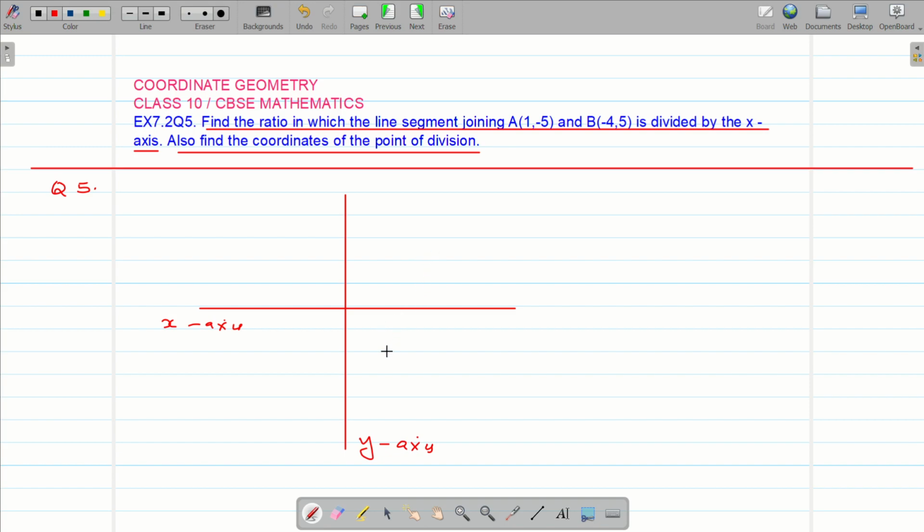And 2 points A and B are taken. And a point P divides AB in a particular ratio, and that point is on the x-axis. Any point on the x-axis, its y-coordinate will be 0. So we can generally write P is equal to Px, 0. So what we need to find is AP is to PB, the ratio in which the x-axis divides the line segment joining A and B.